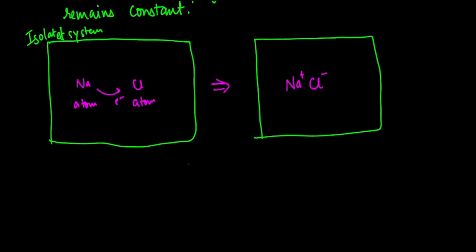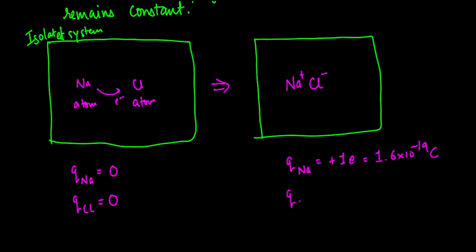Here I am sure you realize that initially the charge on sodium was 0 because atoms are neutral. Similarly, the charge on chlorine atom was also 0. But finally, because sodium has lost one electron, the charge on it should be plus 1e, or 1.6 into 10 raised to minus 19 coulomb.